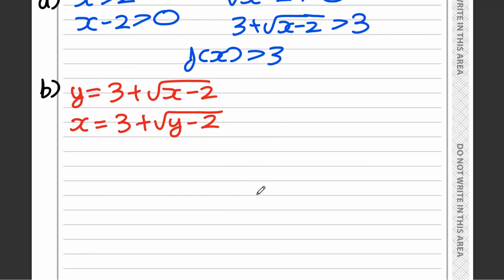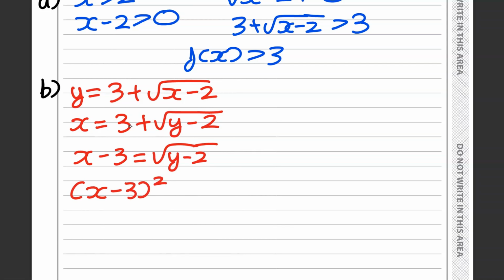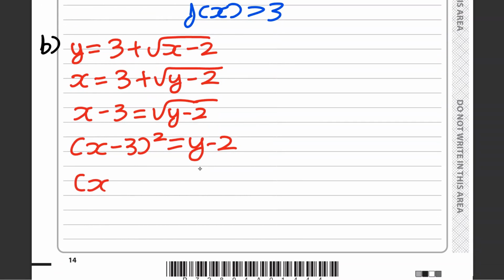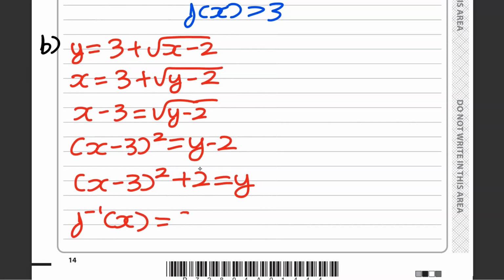Okay, so if we do this, if we move this 3 to the other side, we get that x minus 3 is equal to the square root of y minus 2, and then square both sides, so we get x minus 3 squared is equal to y minus 2, and then add 2 to both sides, so we get x minus 3 squared plus 2 is equal to y, and this here is the inverse. F of minus 1 of x, so the inverse of f of x is equal to x minus 3 squared plus 2.